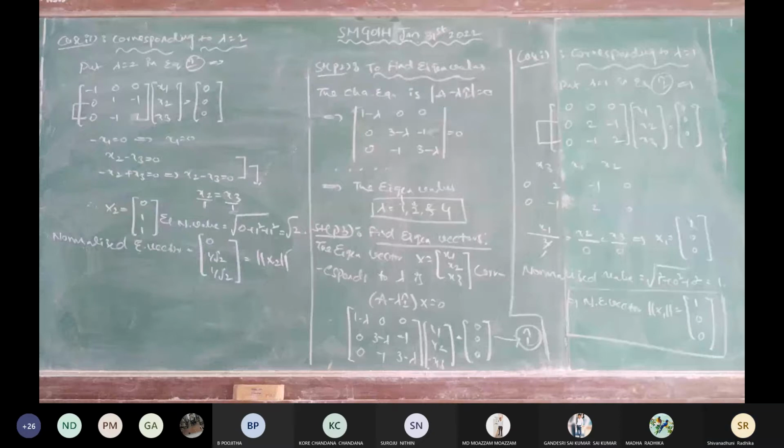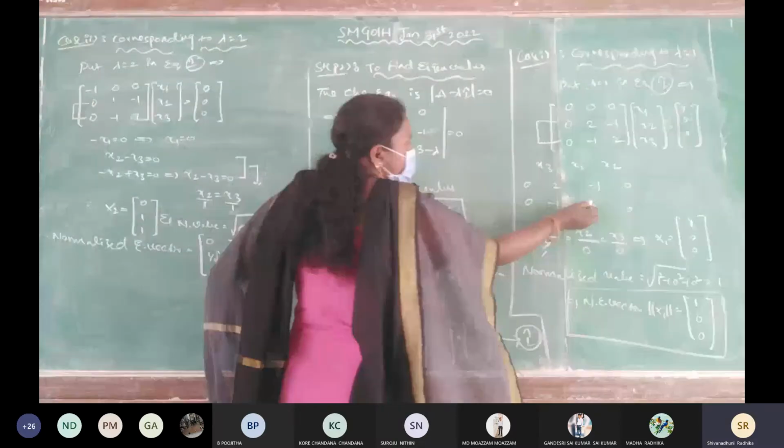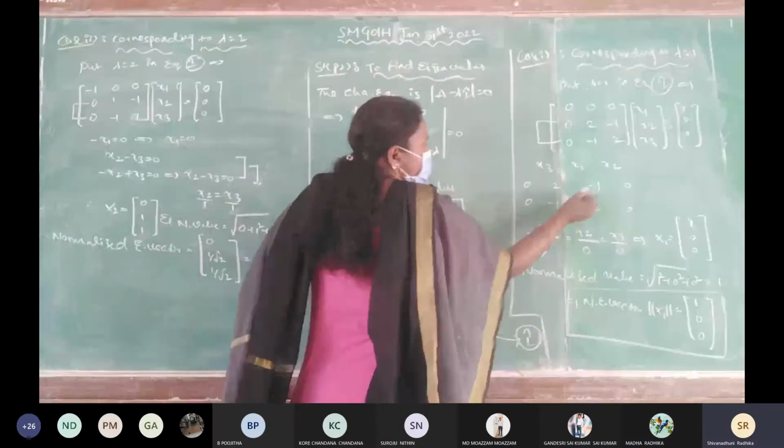Tell me. Is the x1 value correct, ma'am? x1 is 0. Yes, 1, ma'am. Case 1. Yes, 1. Correct, ma'am? 4 minus 1 is 3.